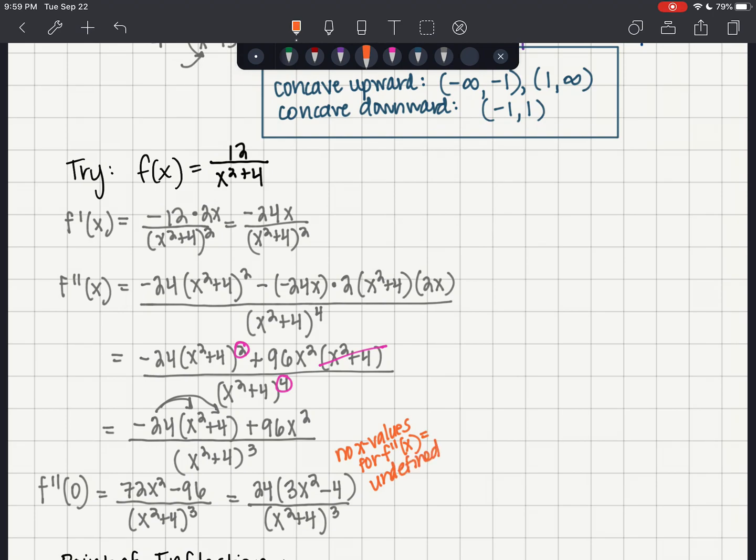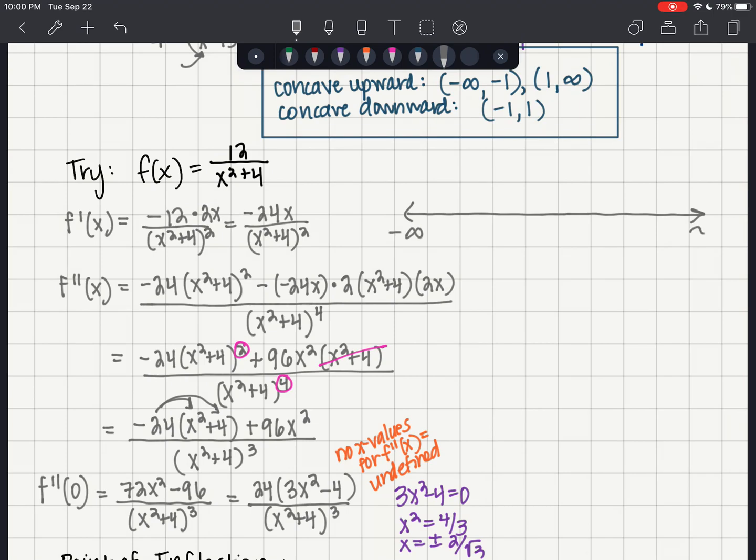Okay, so don't have to worry about that. But the numerator, I have to set that numerator equal to 0. So 3x squared minus 4 equals 0. That gives me x squared equals 4/3. So x is going to equal plus or minus 2 over the square root of 3, which is a little odd, right?